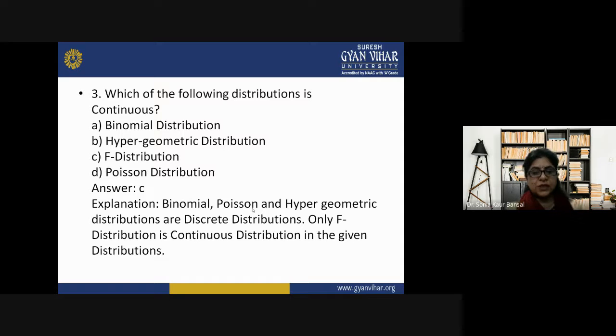Now let's look at the explanation, students: binomial, Poisson and hypergeometric distributions are discrete distributions, where the data is scattered. Only the F distribution is a continuous distribution among those given. That means one value after another continues in a series. So F distribution is considered a continuous distribution among the given distributions.